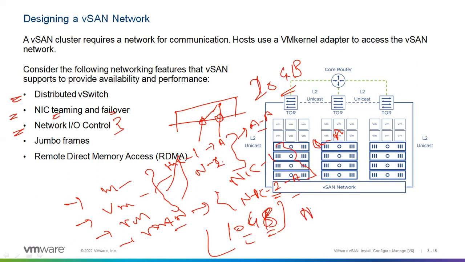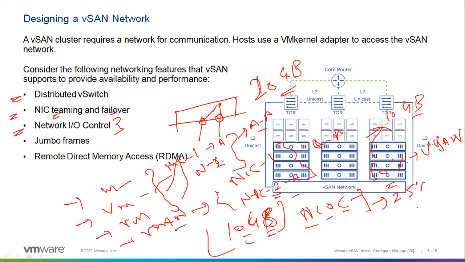So in that case NIOC, Network I/O Control, comes into the picture. Out of the total bandwidth, you define 50% to allot to vSAN, which means you automatically get 10 GB. Then you can divide the rest, 25%, 25%, like that.